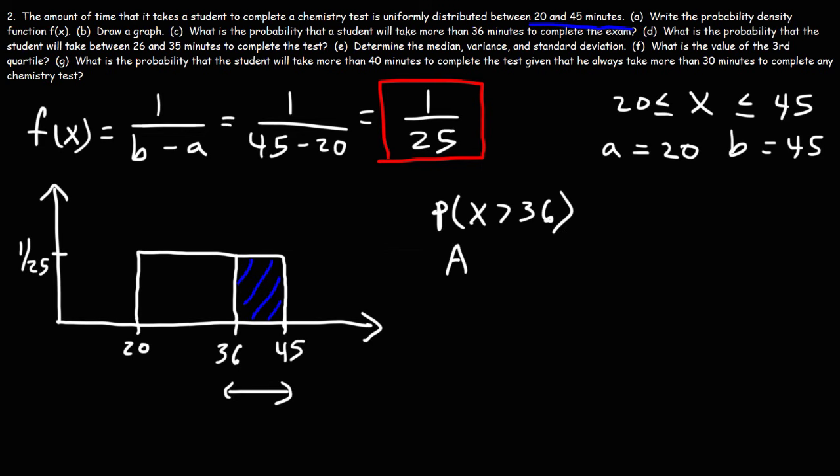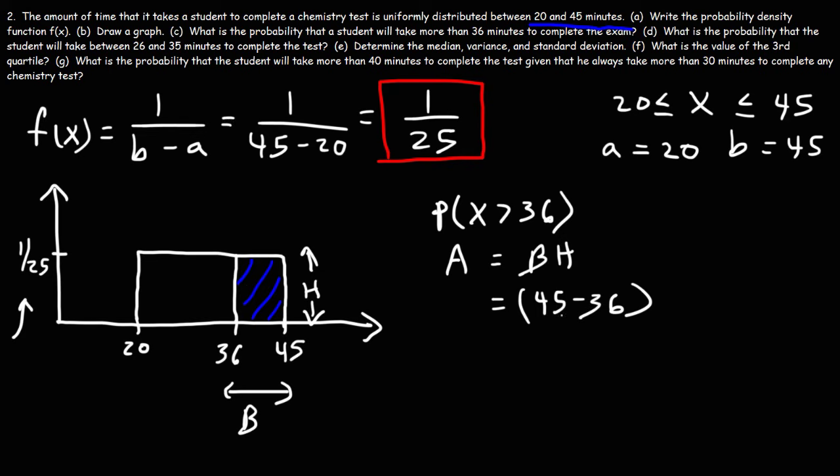So we know the area is going to be the base times the height. So this is the base. That's the difference between 45 and 36. And then the height is going to be f of x, which is 1 over 25.